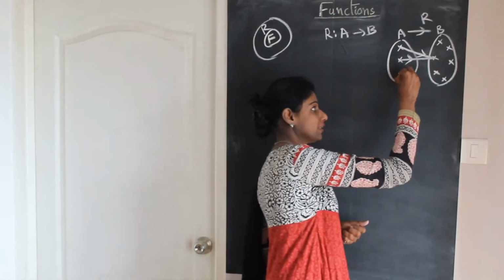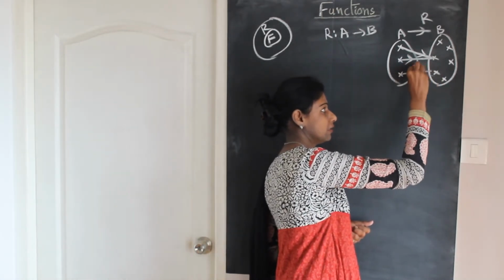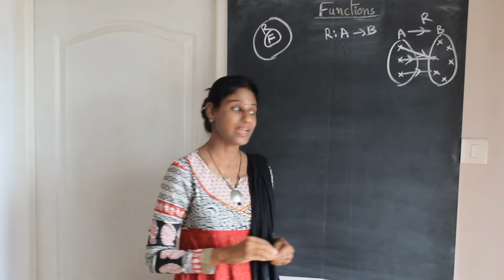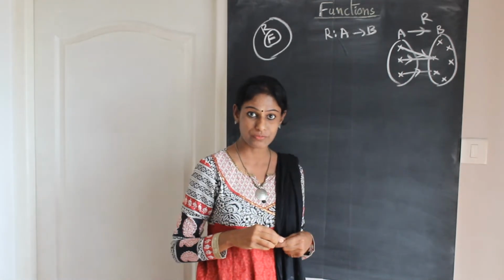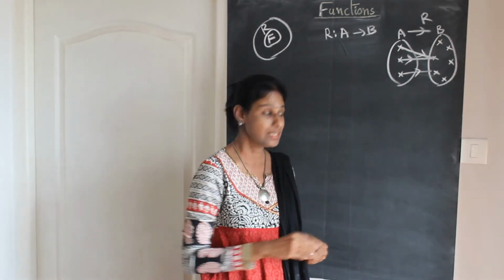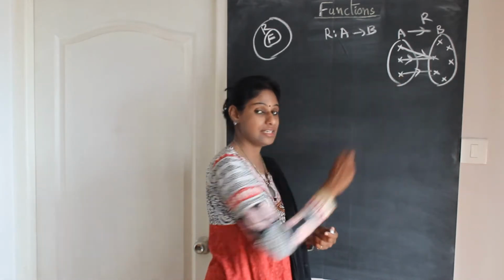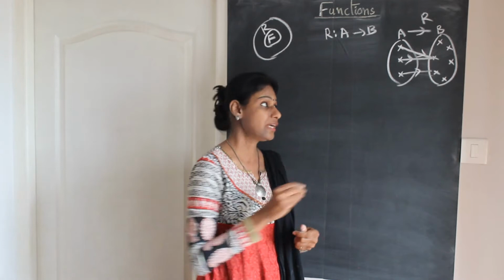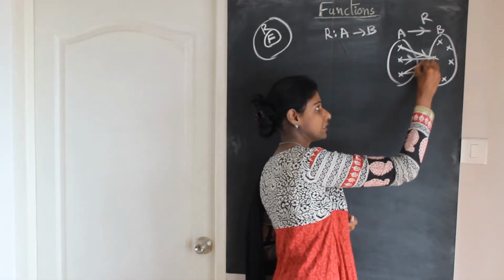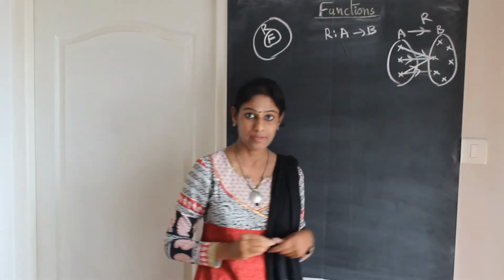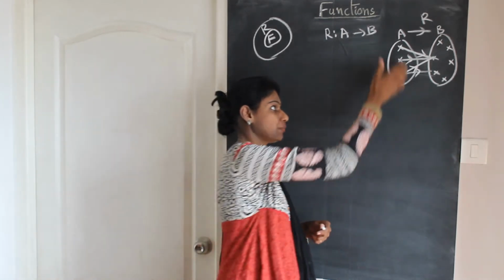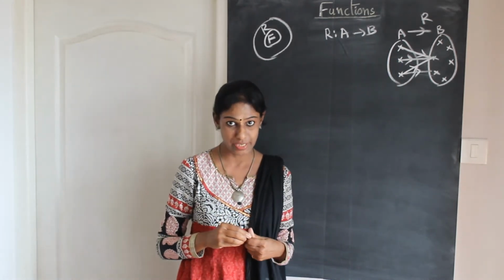Now if we do like this, then you can see that all the elements of the domain now have images and each element has a unique image. So this is a function. But again, if I do like this, now the first condition is satisfied, that means all the elements of the domain have images.